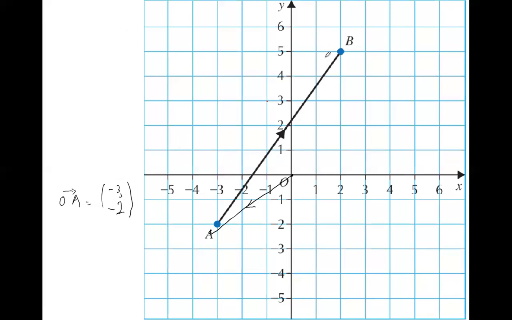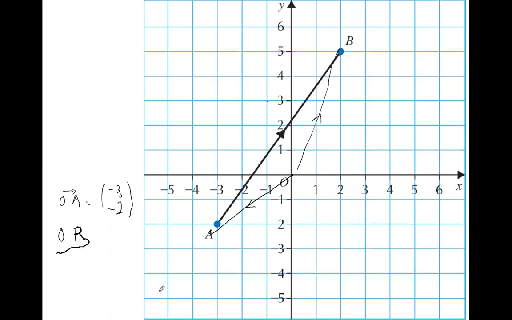And I can do the same for OB. If I was to represent OB, it'd be this vector here. And OB would be 2 on the right, so +2. So this is just a bit of practice and revising what we call position vectors.